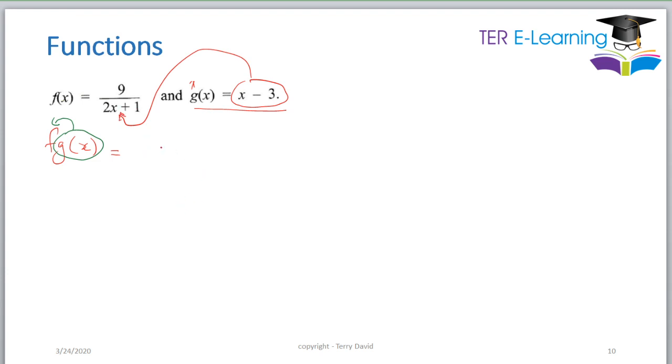So therefore fg of x is going to be 9 all over 2 multiplied by x minus 3 plus 1, but I need to simplify the bottom. So this is 9 over 2x minus 6 plus 1, which is equal to 9 over 2x minus 5.